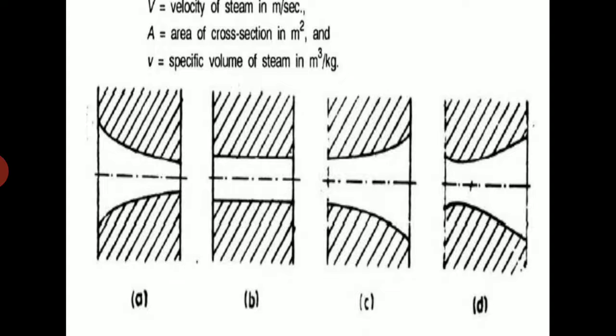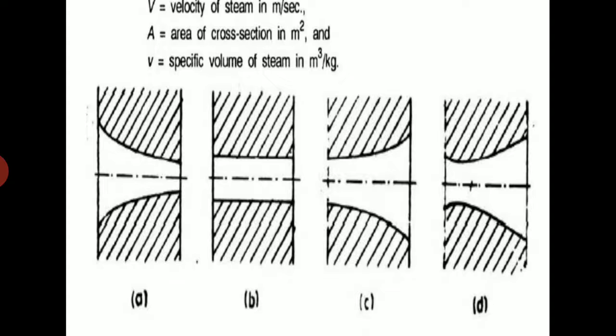So if you see the figure, the general form of the nozzles. In order to allow the expansion to take place properly, the area at any section of the nozzle must be such that it will accommodate whatever volume and velocity may prevail at that point.